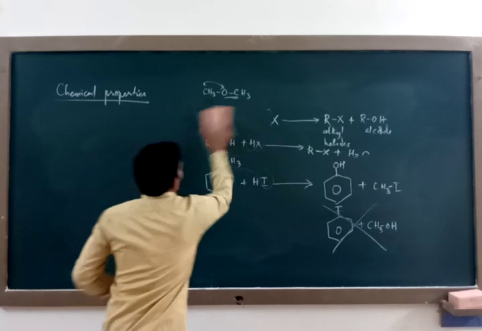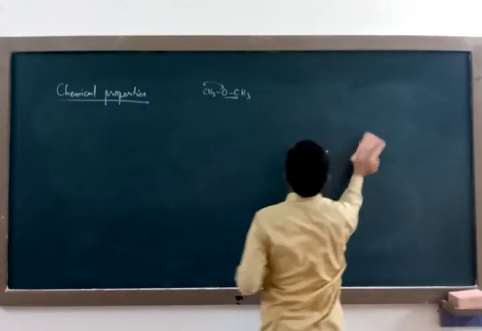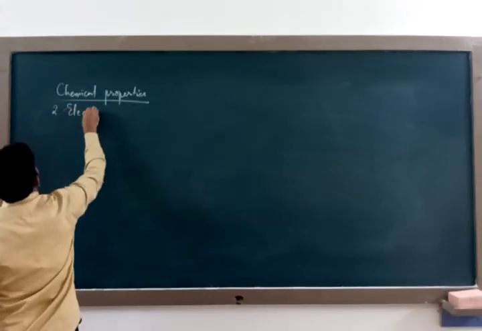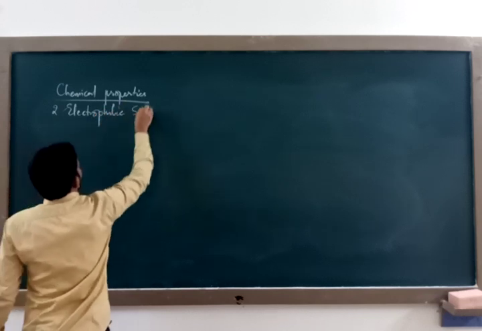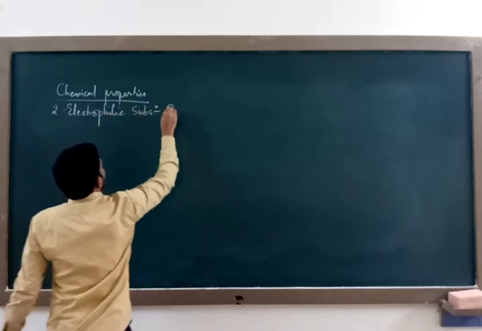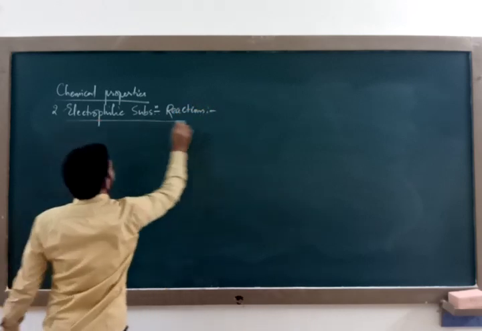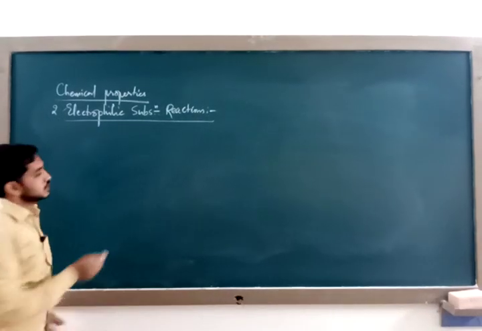The second chemical property is electrophilic substitution reactions. In order to understand electrophilic substitution reactions, you should have a sound idea of resonance structures.